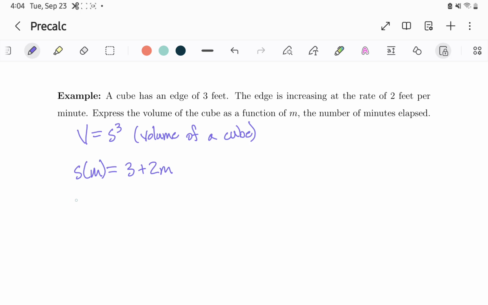And so for the volume, we can say V of m is going to equal s of m cubed, which is equal to (3 plus 2m) cubed.